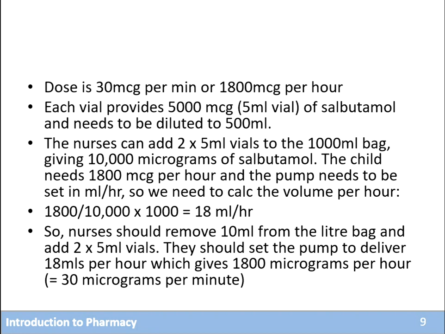So the nurses removed 10 ml from the litre bag, to allow for the 10 mils of salbutamol that you're going to be adding, and added the 2 by 5 ml vials. And they need to set the pump to deliver 18 mils per hour, which gives 1,800 micrograms per hour, or 30 micrograms per minute.